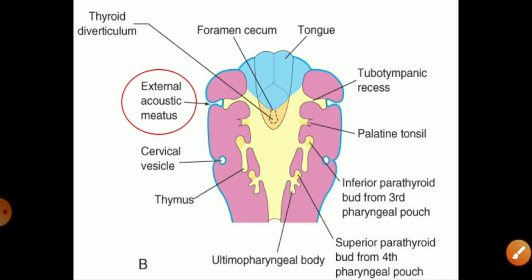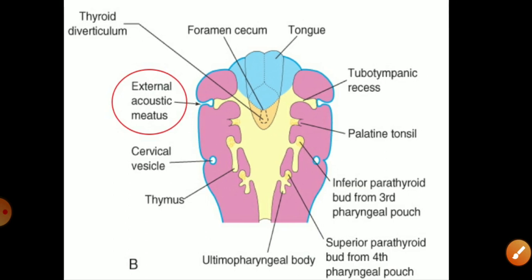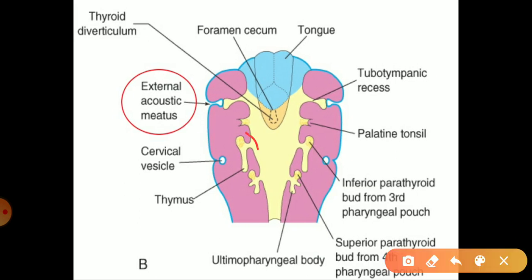From the inside, the third pharyngeal pouch forms a structure like this, and this gives different structures. From the upper part of this pouch it gives rise to the inferior parathyroid gland, while from the lower area it gives the thymus.